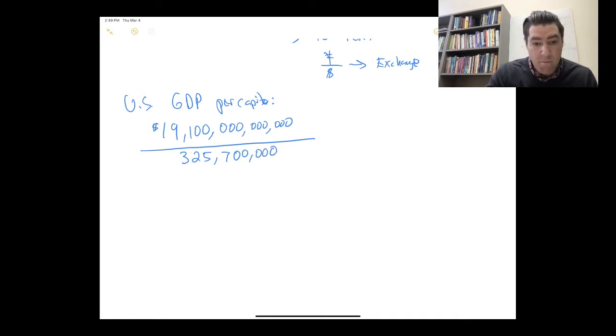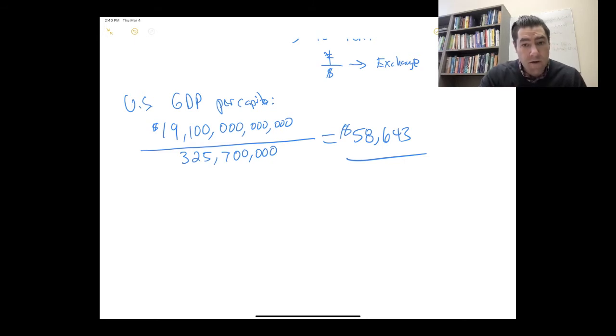If I remember, yes, 325.7 million, which gets us to, if we round that, a GDP per capita of about $58,643.